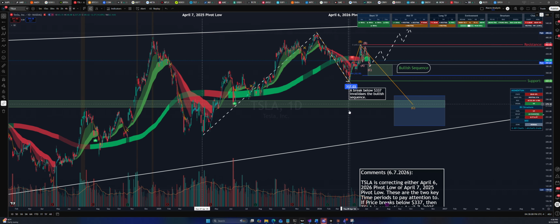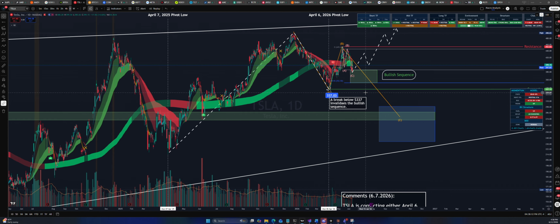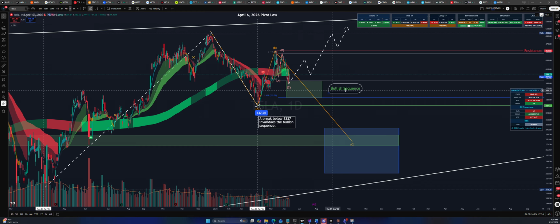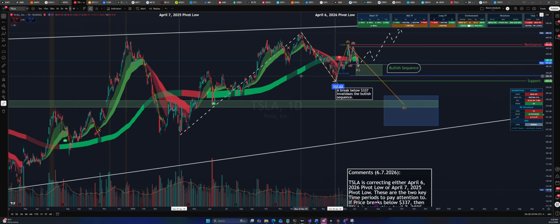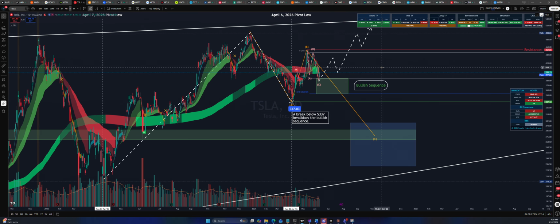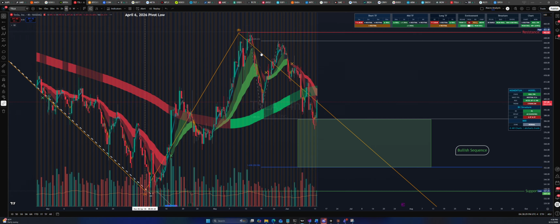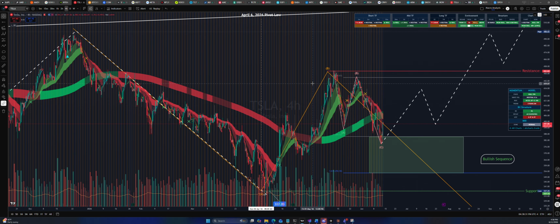This is the bearish case scenario. Nobody knows what Tesla will do. Nobody knows. But currently, we are considering Tesla a bullish sequence, unless Tesla breaks 337, which invalidates the bullish case scenario. So nobody knows exactly what Tesla will do.